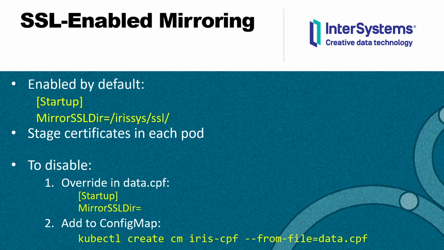This is controlled by the CPF merge file generated by IKO. If you want to disable this feature, which we don't recommend, one can override the CPF merge in the user-defined data.cpf file, set MirrorSSLDir to the empty string, and add the CPF file to the config map.